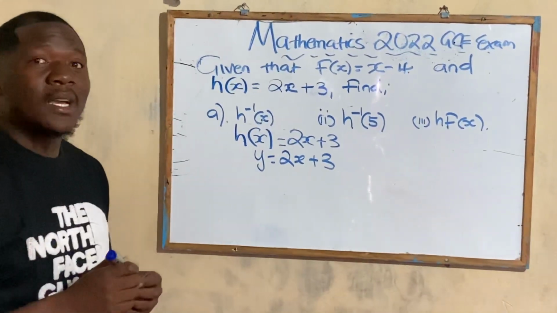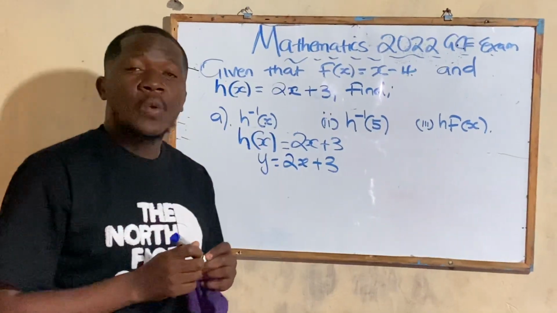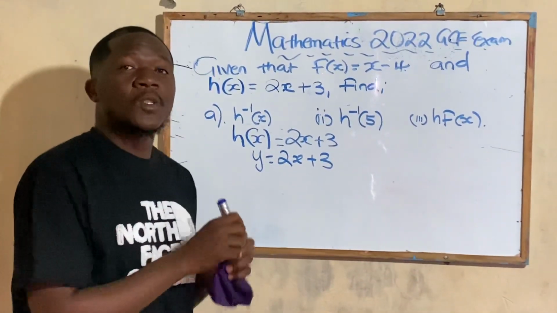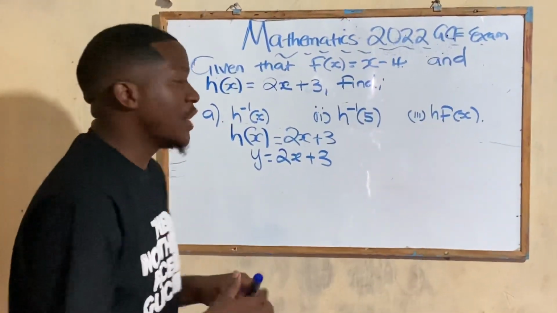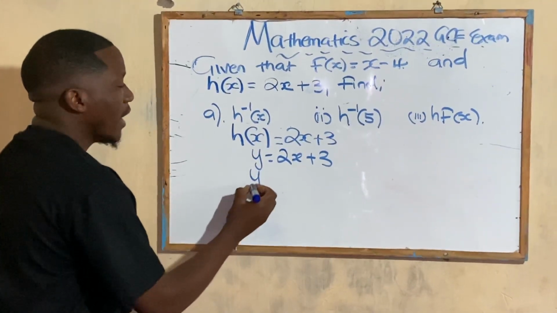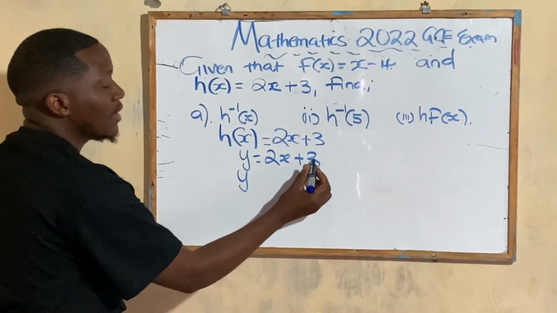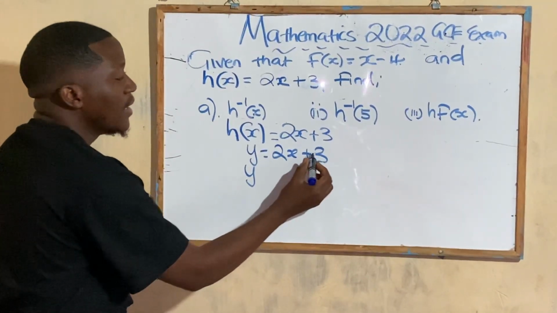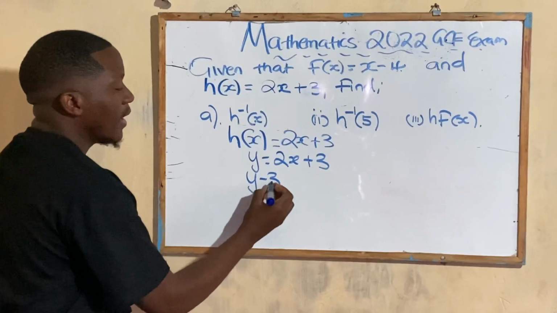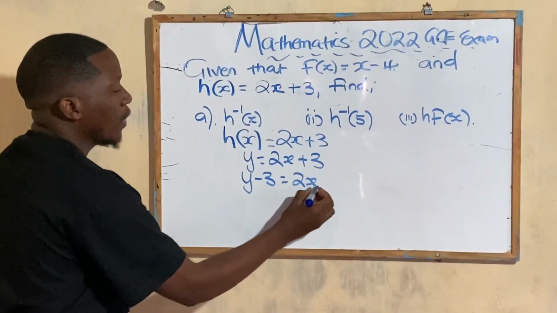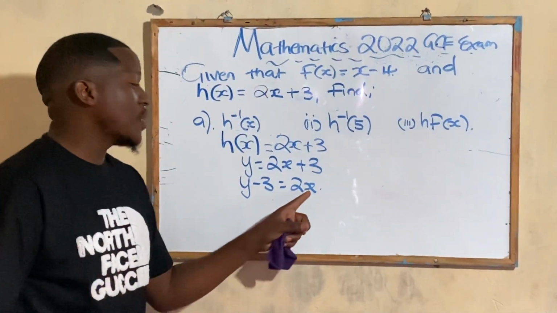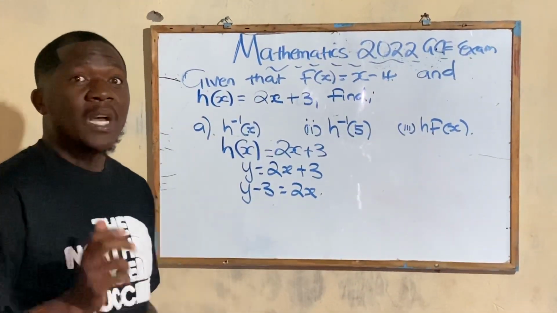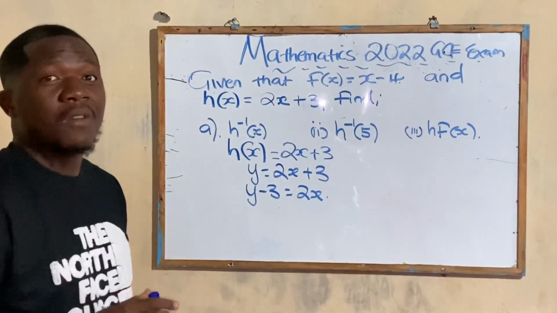When we reach that stage, we can collect terms on one side, so we leave anything containing x alone on one side of the equation. So I'm going to say this is y. If we want to remain with x, the easiest number to get rid of is 3. So this is positive, it will become minus 3, equals 2x. When we reach this stage, our main area of interest is ensuring that x is left alone or made the subject of the formula.